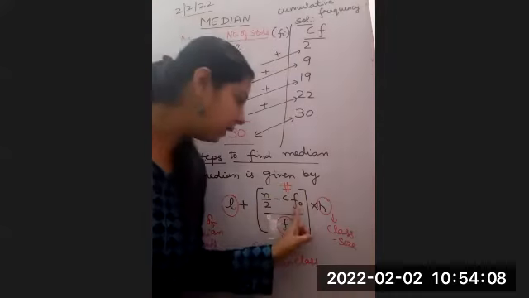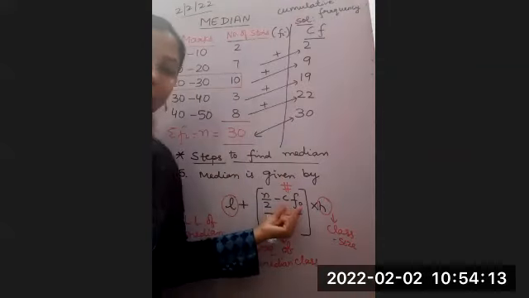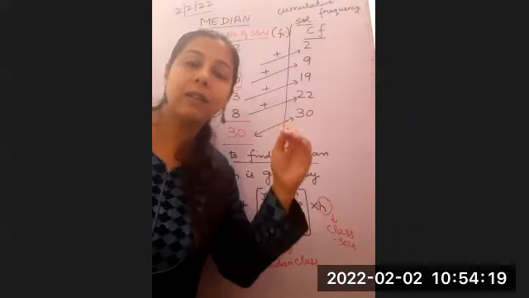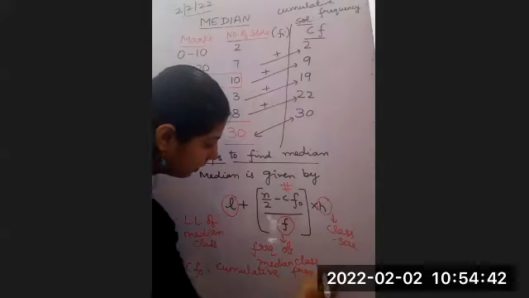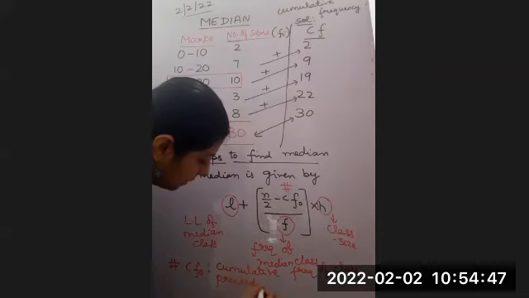Now CF naught, please pay attention. In NCERT or any other book, they do not put naught. It is me who is going to put that because I feel it helps us. CF naught means cumulative frequency of the class preceding the median class, the class above the median class.